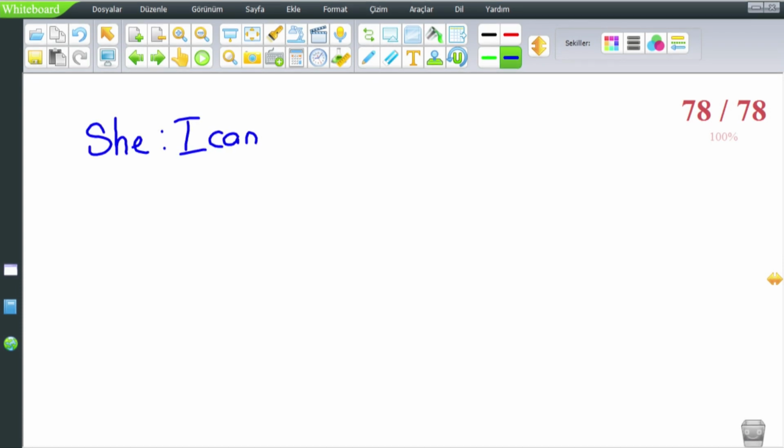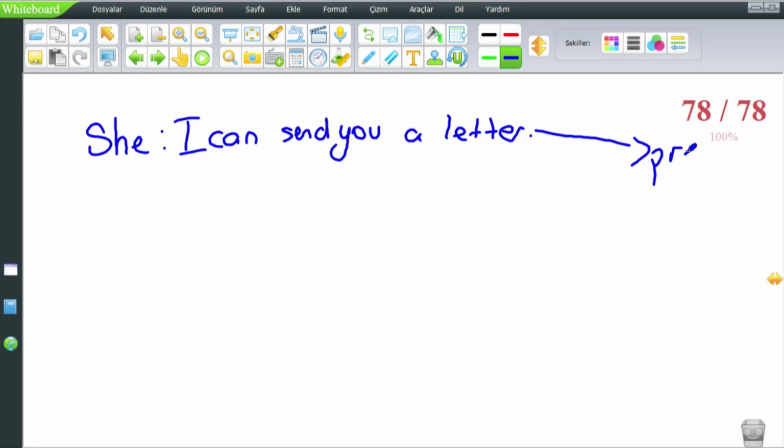She says, "I can send you a letter." Here, yes, present simple tense. But there's also a modal verb and how I am going to use it. The past form of can is could.